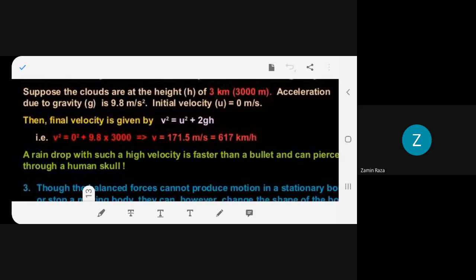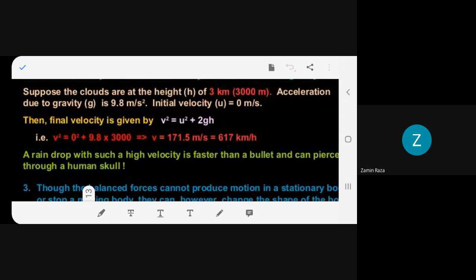Acceleration due to gravity g is 9.8 meter per second square. Be careful, it is not m, it is meter per second square. Initial velocity u is equal to 0 meter per second.